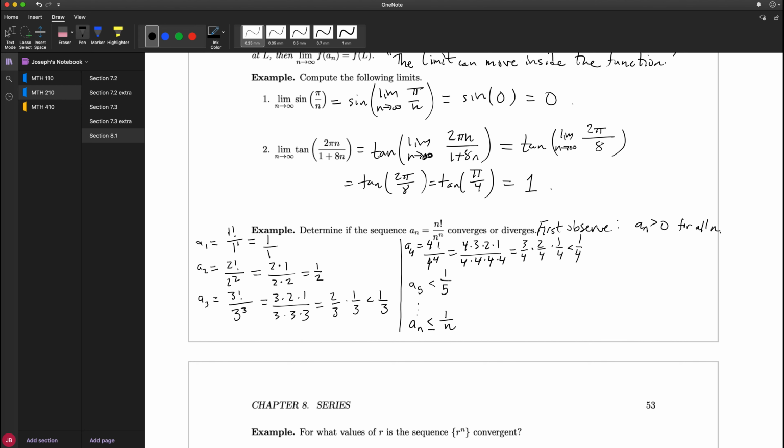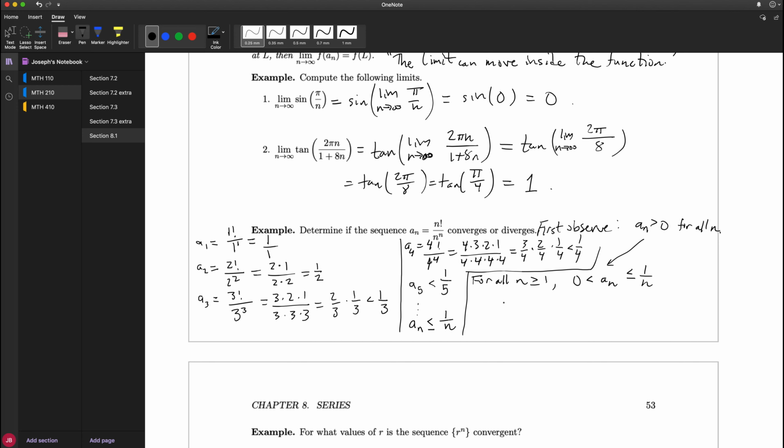So we can capture those first two cases by putting in an or-equal-to symbol, right? And so now we have the following relationship: for all n greater than or equal to 1, 0 is less than a_n, that's this part right here, less than or equal to 1 over n, which we just found right here.